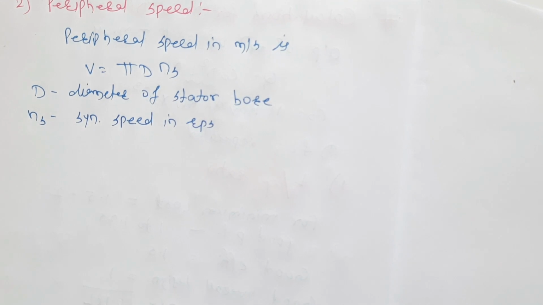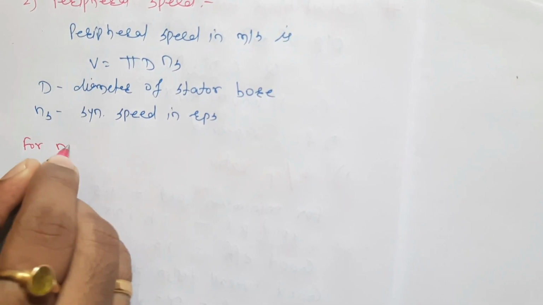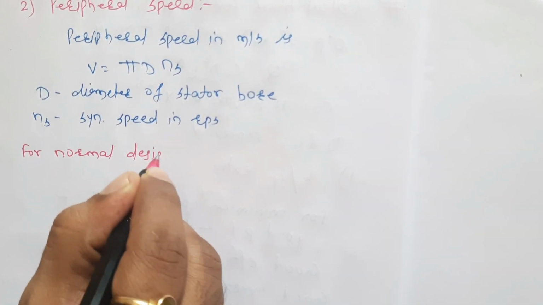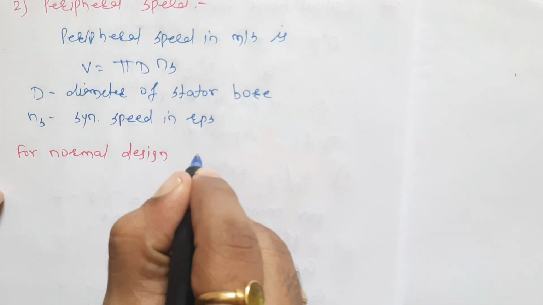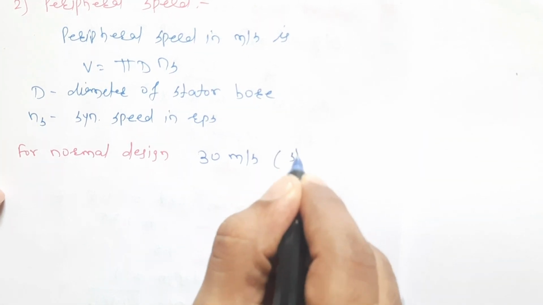For normal design, the diameter should be selected such that the peripheral speed should not exceed 30 meter per second.